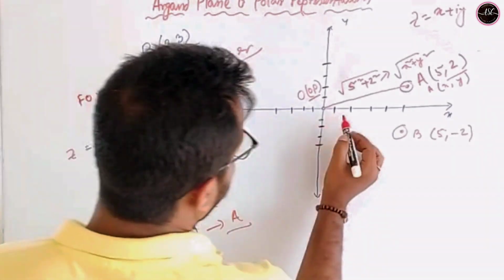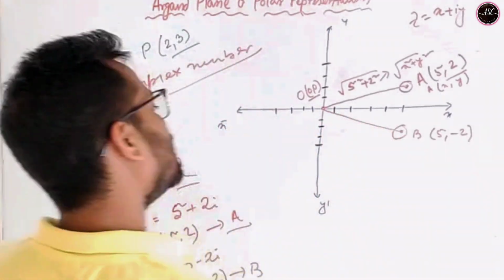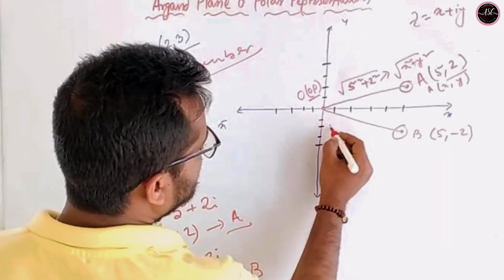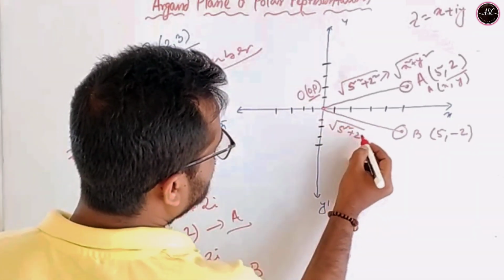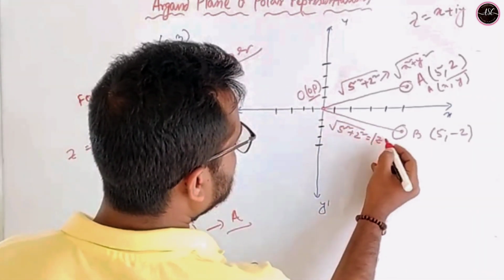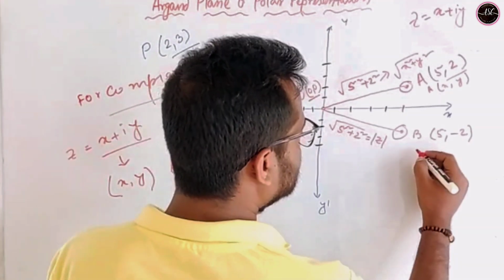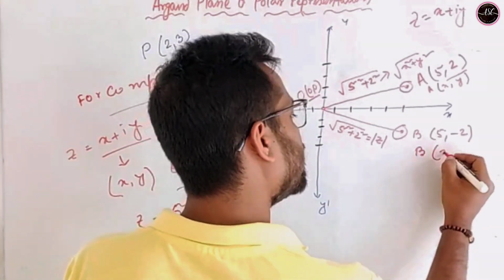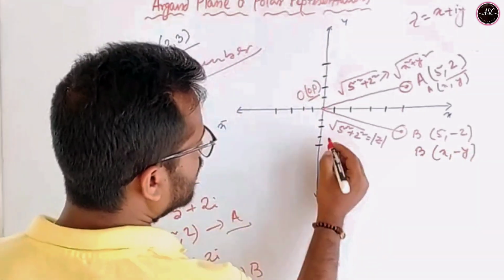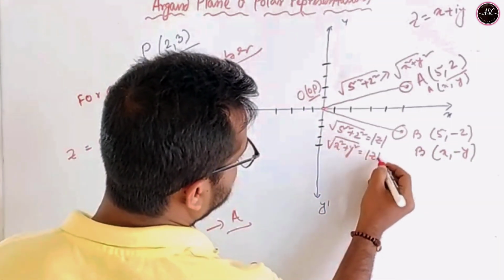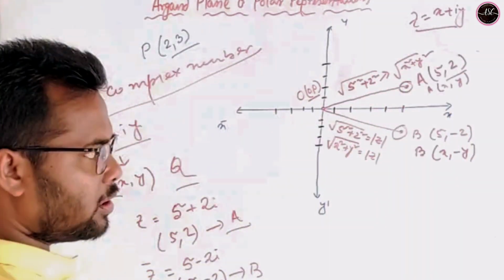So if we draw a straight line, then this is the distance between B and O, and this is also root of 5 square plus 2 square. That means modulus of z. And for a general xy point, B is x comma minus y, and the distance will be root over x square plus y square. That means this is for z when z equal to x plus iy.